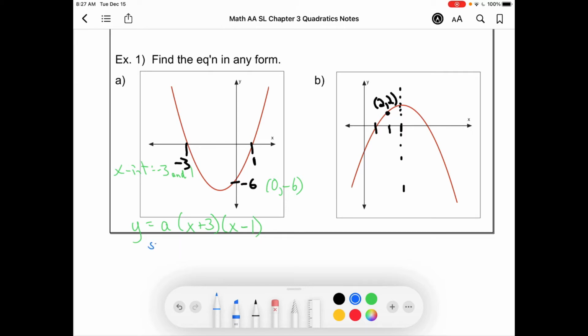And to find that, we're going to sub in the point (0, -6). Because the big gag of algebra is if you get down to just one unknown, often you can find that unknown. So if I'm going to sub in the point (0, -6), let's be real clear here. 0 is an x value, -6 is a y value. Looking at this equation, I'll put in -6 for y, and I'll put in 0 for x.